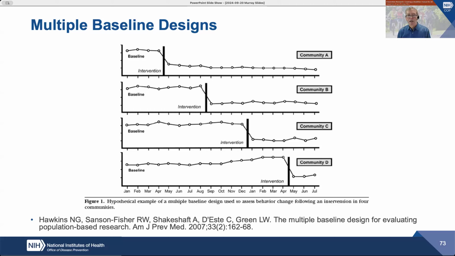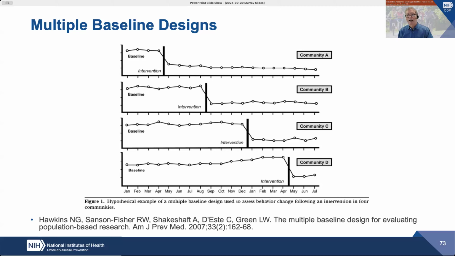In community B, we collect more baseline data for a longer period of time, then introduce the intervention and keep collecting data. Same thing with community C, and finally we get to community D, where we've had baseline data for a long time, introduce the intervention, and then only have limited observations under intervention.